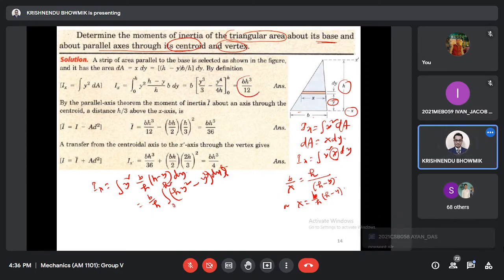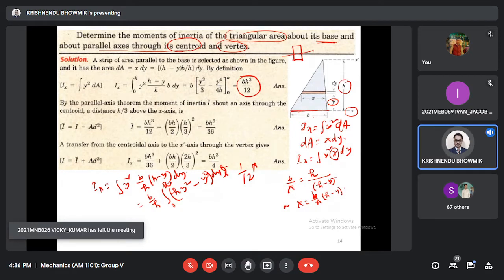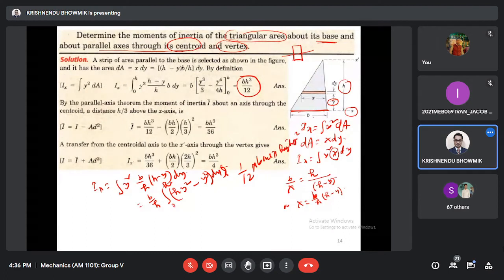Finally, you will get 1 by 12 multiplied by base multiplied by height cube. You have to be careful. When we have a rectangle, it is 1 by 12 b h cube. But when it is a triangle with respect to the base, that is also 1 by 12 multiplied by base multiplied by height cube. But for the rectangle with respect to the base, it was 1/3. For the triangle with base, it is 1 by 12.